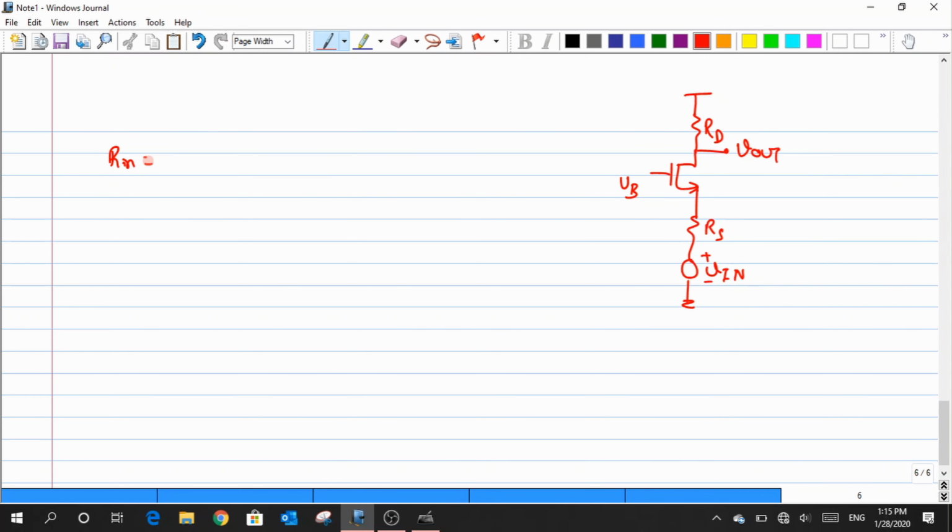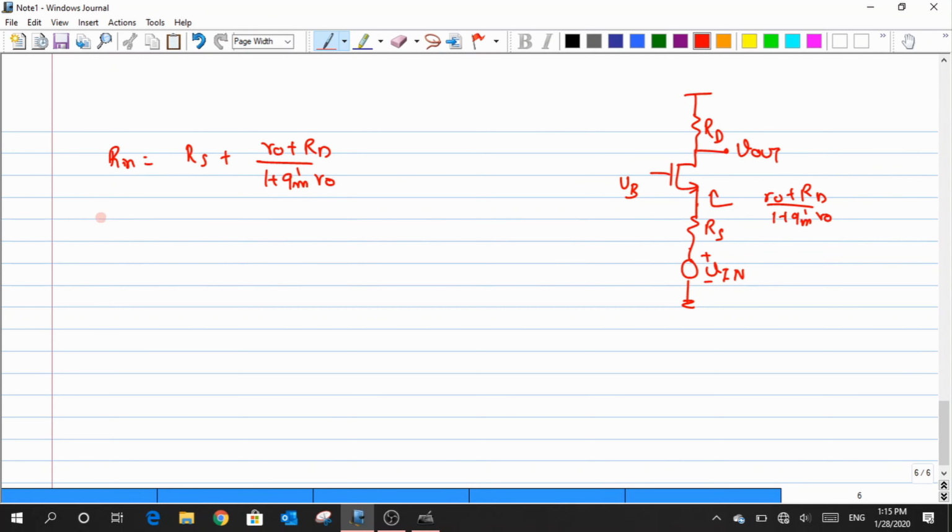It's pretty straightforward. The impedance that we have seen earlier was R naught plus RD divided by this 1 plus GM prime R naught. This entire resistance is added in series with this Rs, so you add Rs plus this whole quantity that I had earlier. That's it, we are done with it.